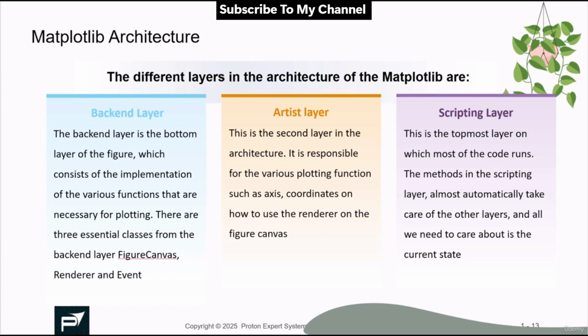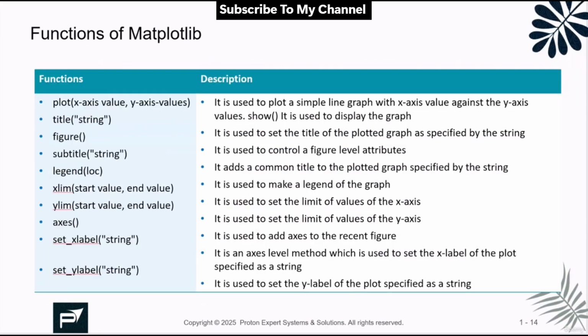The methods in the scripting layer almost automatically take care of the other layers, and all we need to care about is the current state. These are some of the functions of Matplotlib: plot with x-axis values and y-axis values, title string, figure, subtitle string, legend loc, xlim, ylim, axis, set x label, set y label.